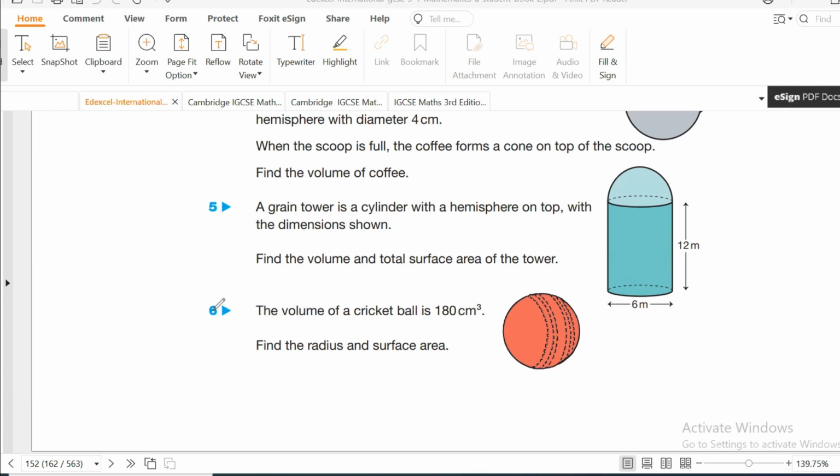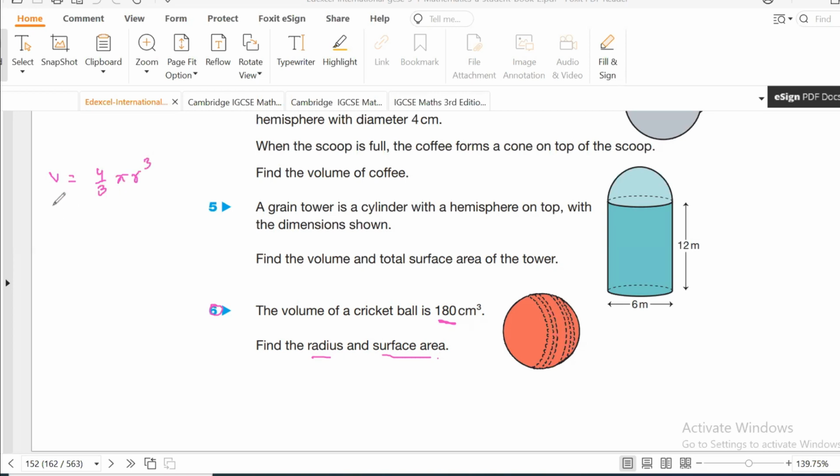Next, question 6. The volume of a cricket ball is 180 centimeter cube. So the volume is given, find the radius and surface area. It's a spherical shape, and we can apply the formula for the volume of a sphere, 4 over 3 pi r cube.